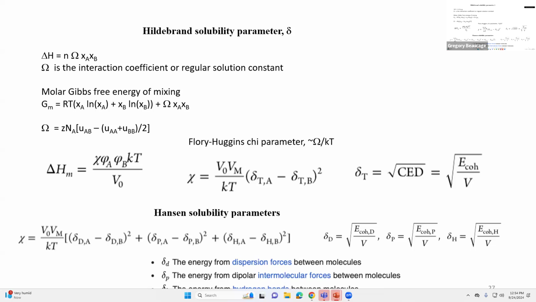Every molecule is going to have a plus and minus to it, even if it's nonpolar. Two molecules that come together, if they have plus and minus, will attract each other.